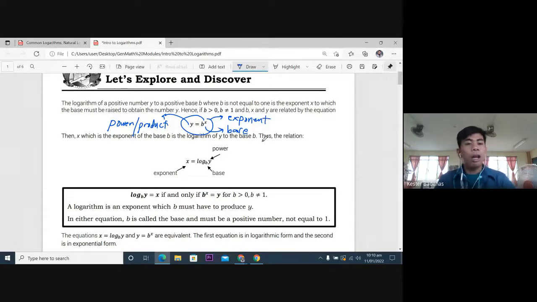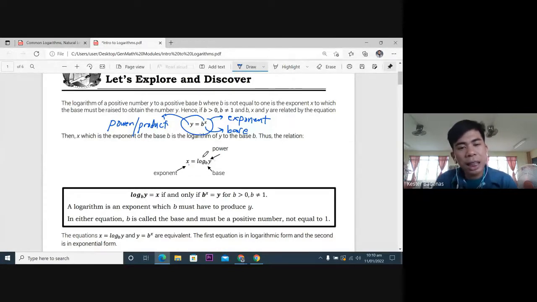When we rewrite that in logarithmic form, we will be having the exponent x equals the log, which means logarithm, of y to the base or with the base b.